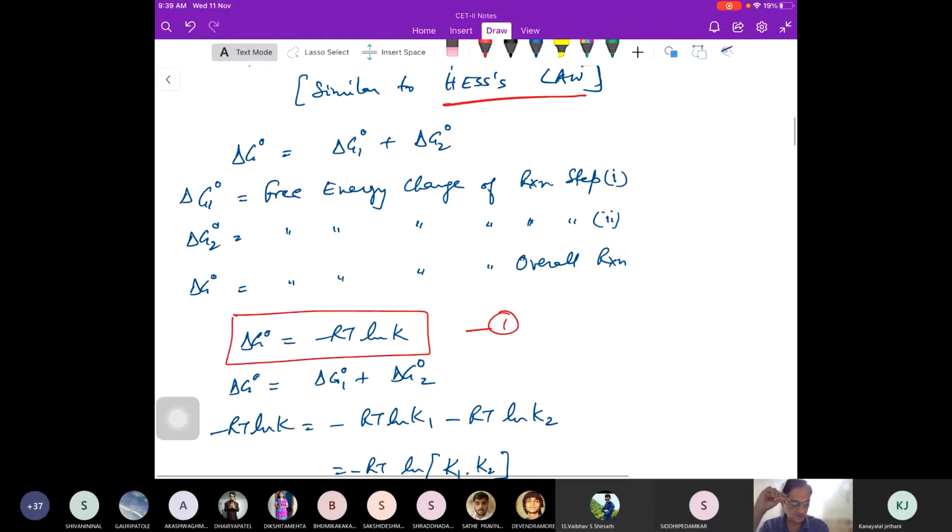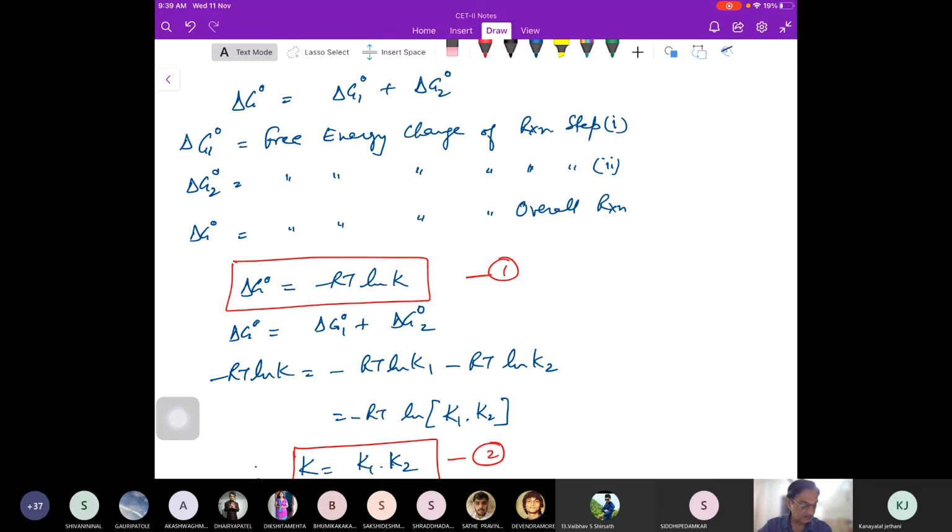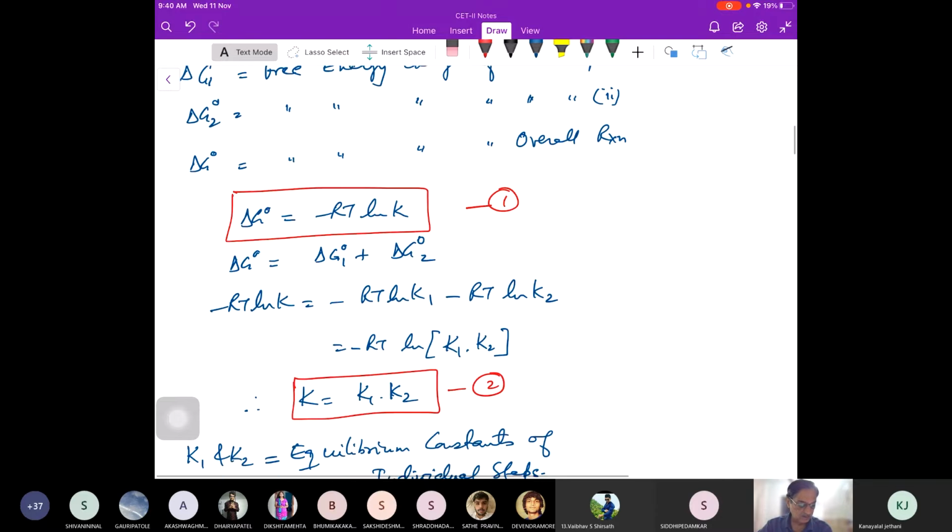And we know that delta G0 is equal to minus RT ln K. This we have derived, right? This is for the reaction. Right? And so we can substitute in this one, and you get minus RT ln K is equal to minus RT ln K1 for delta G10 and minus RT ln K2 for delta G20. Right? So you can combine these two, and what you get is minus RT ln K1 into K2.